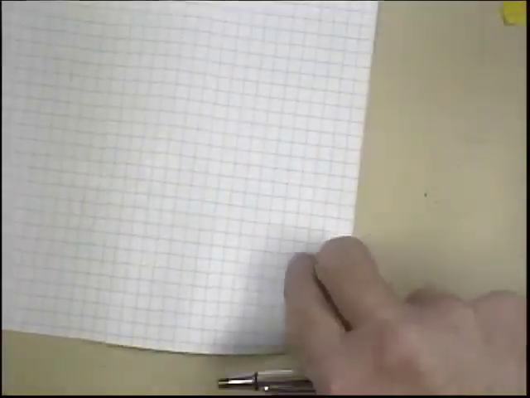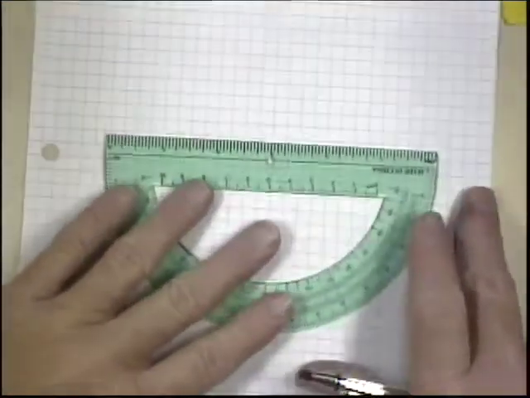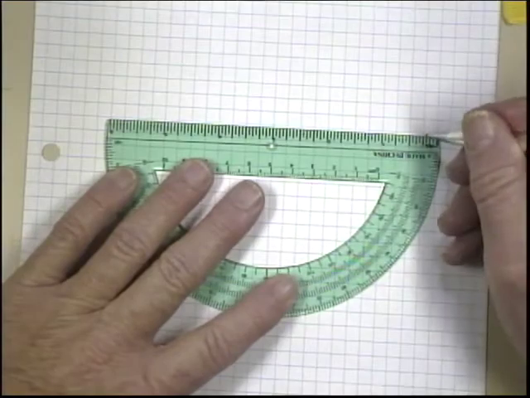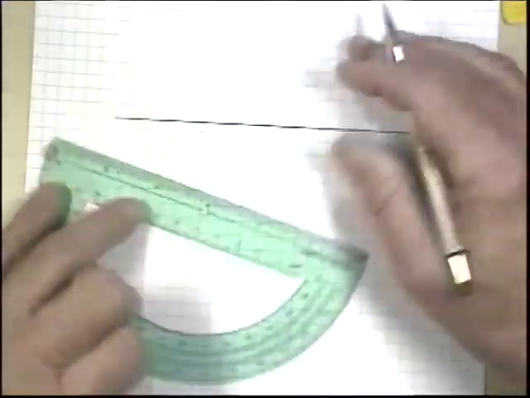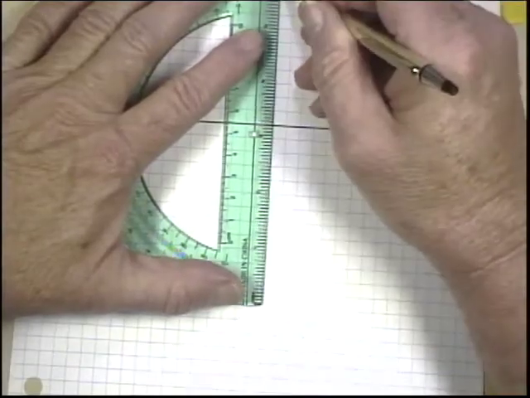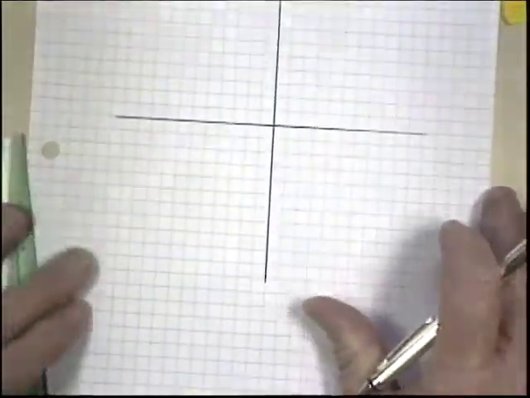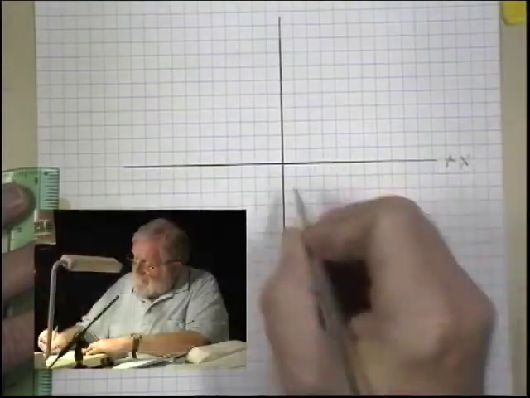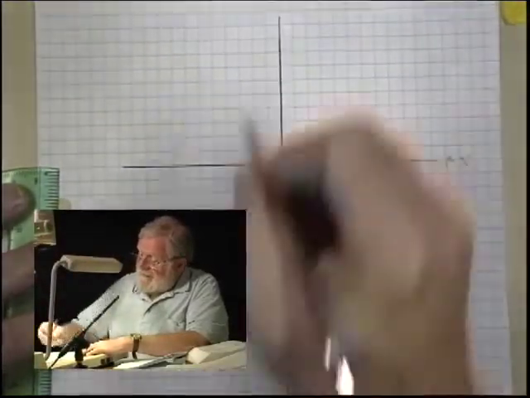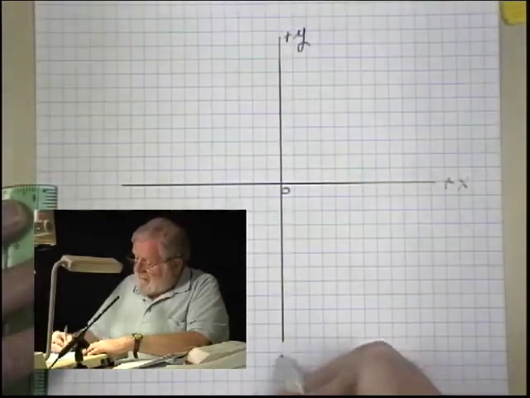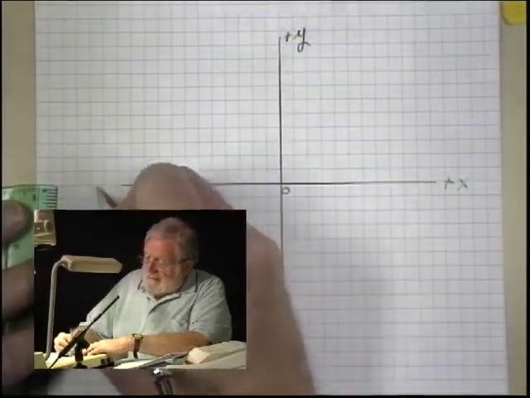We're going to create a coordinate system here by drawing two axes. Our x and our y axes. This is positive x. This is our 0. This is positive y. This is negative y and a negative x.